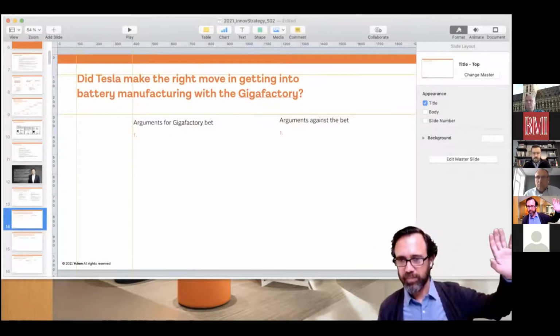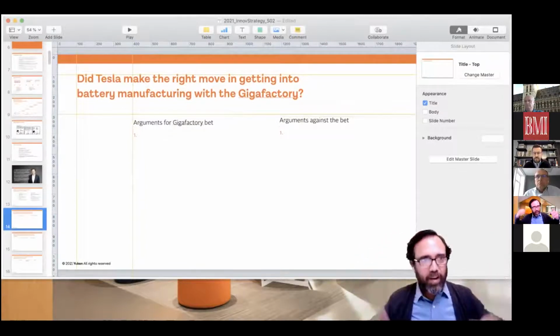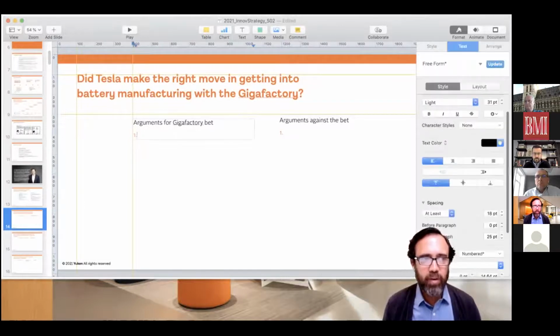Who says no? The rest, right? Now, what are the arguments in favor of this Gigafactory deal? Why do you think this is something that would be good?